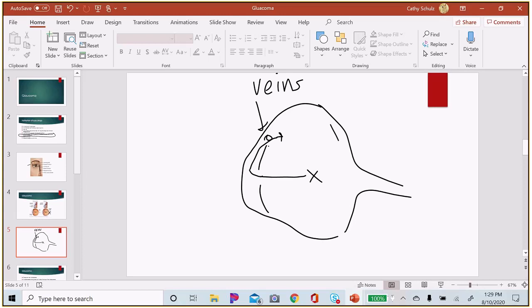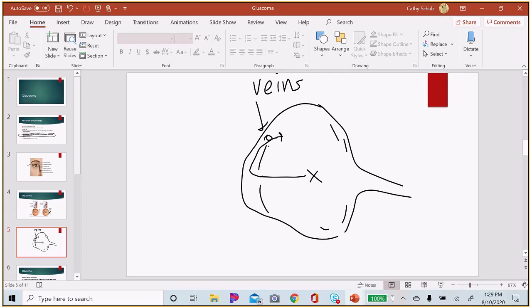So the tissue that's right here makes the fluid, and then it's kind of bathing the inside of the eye and protecting the retina, and then going through the pupil, bathing the inside near the cornea, and then draining.